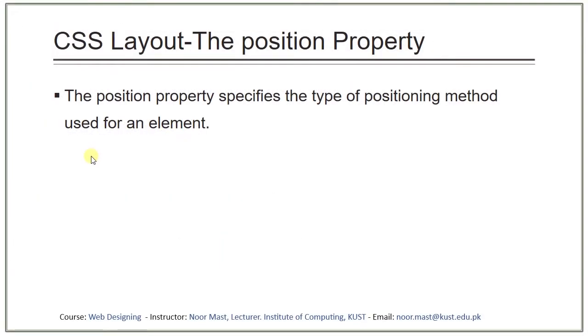The position property specifies the type of position method used for an element. The position property has 5 different values, that is static, relative, fixed, absolute, and sticky.